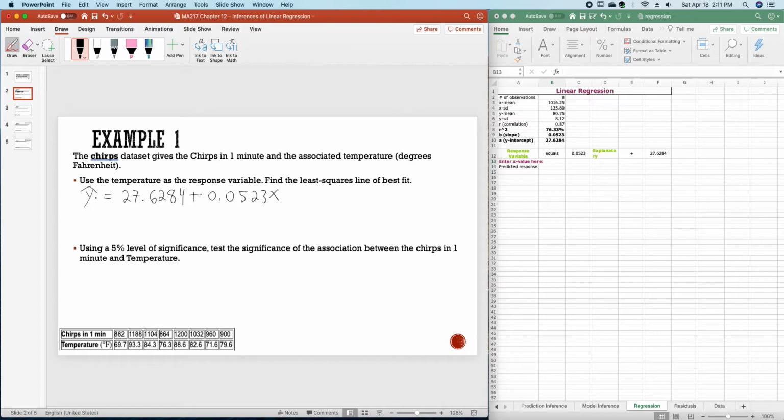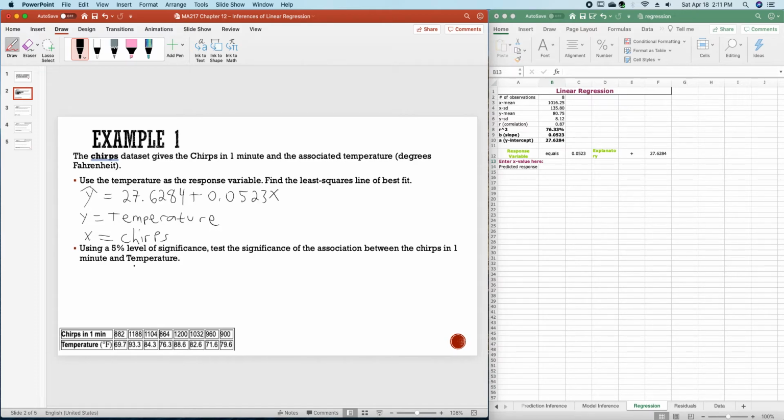And from this equation, we have the temperature as the y variable, and the x variable is those chirps in 1 minute.